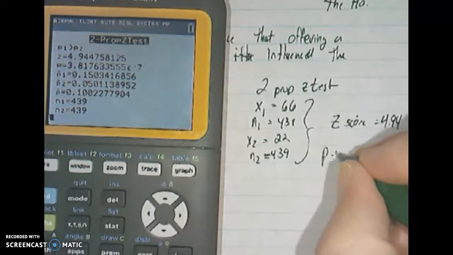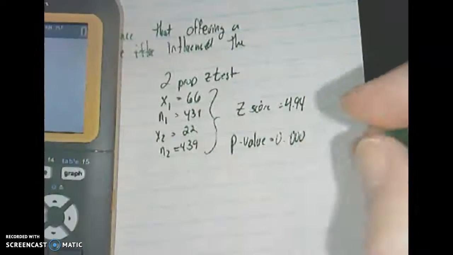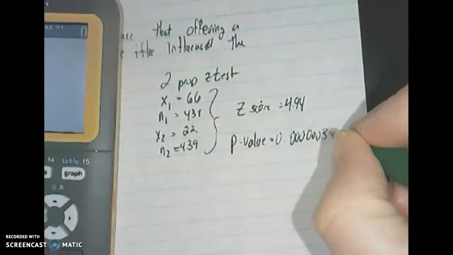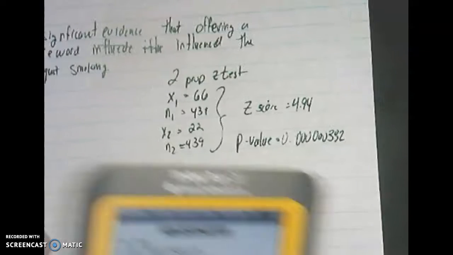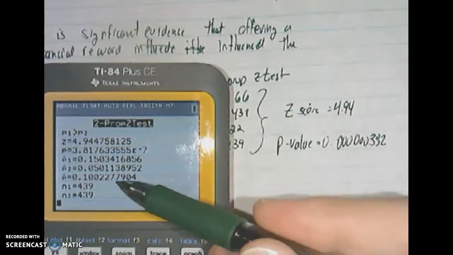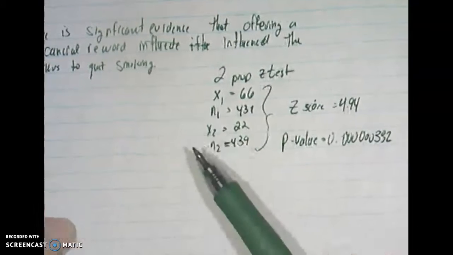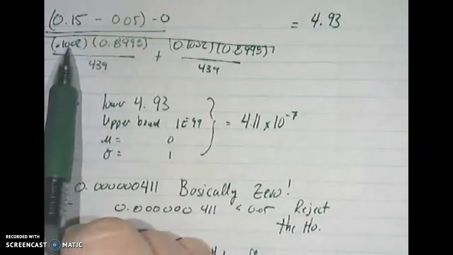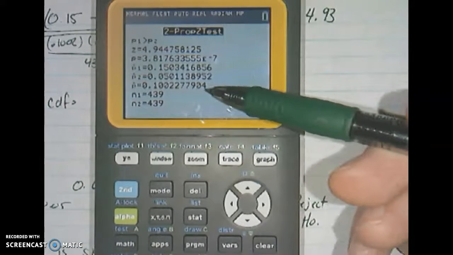Our p-value is equal to a number very close to 0. Now, the reason why we're off just a little bit here, it's still basically 0, but remember we are terminating our decimal up here in our combined. We're terminating at 0.1002, and we're calculating everything else way past that.